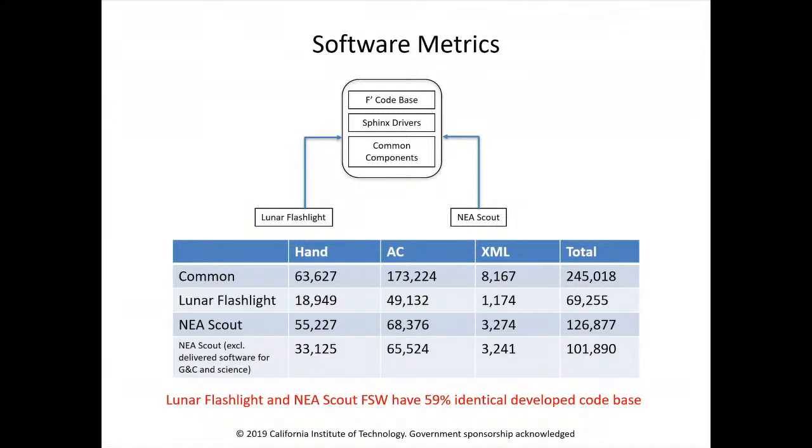So it's like we developed 2 missions in the time frame of a single mission. And mind you that the common code is in a single repository that is referenced by Lunar Flashlight and NeoScout. So if a bug was found in Lunar Flashlight and fixed, that bug fix would then propagate into the NeoScout mission.